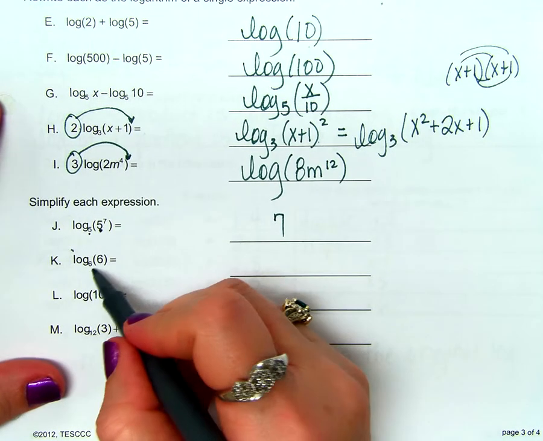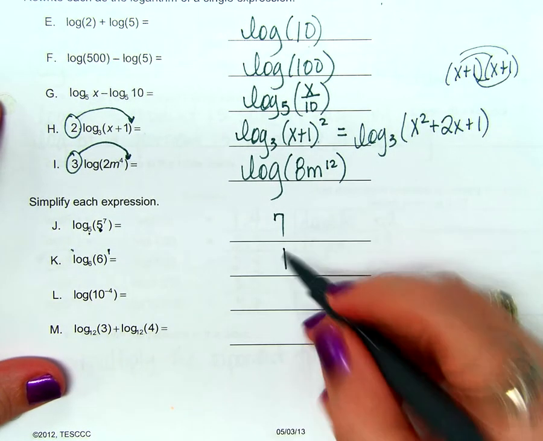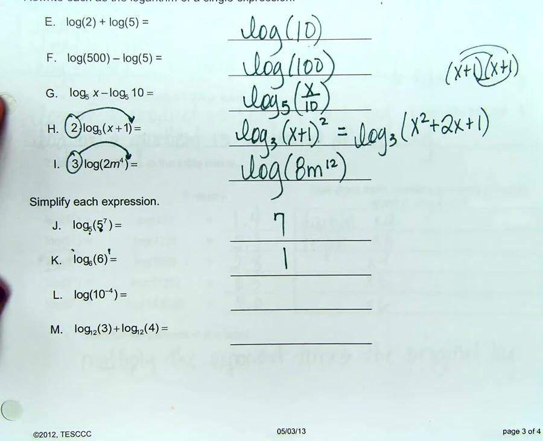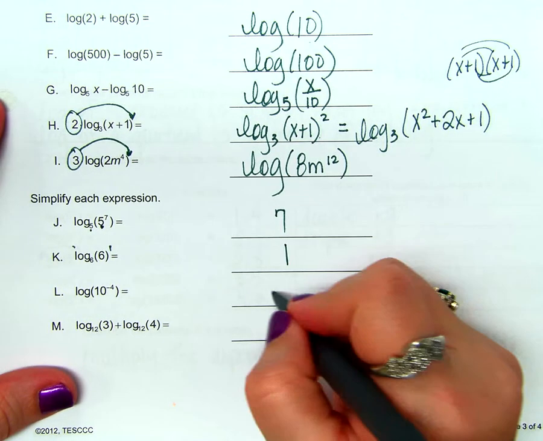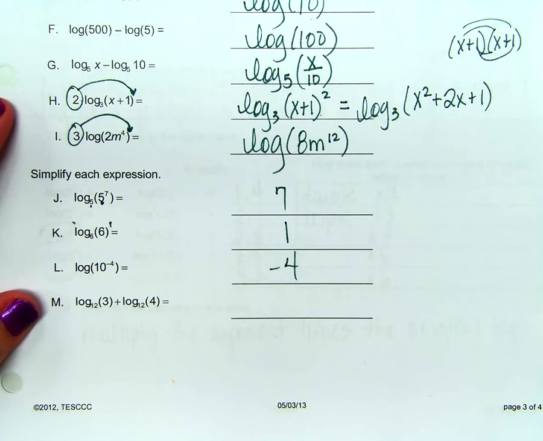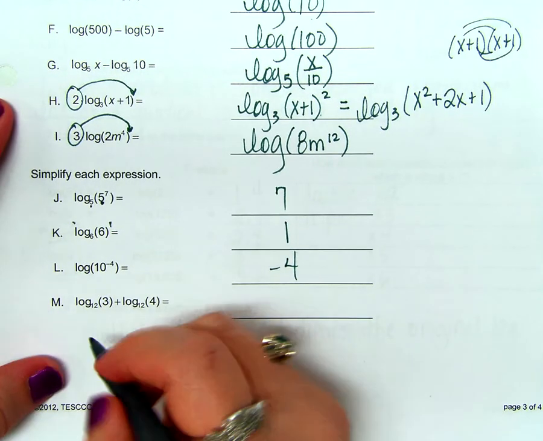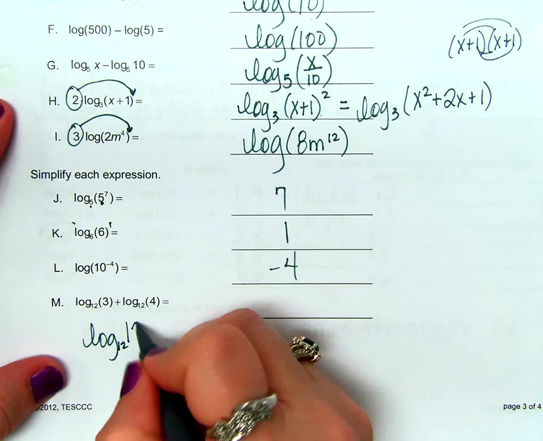When the base and the argument are the same, the answer is the exponent, which is 1. What about L? But there's no base. Oh, it's automatically 10? Okay, I just know. Sorry about that. What about M? Log base 12 of 12, so it's 1.